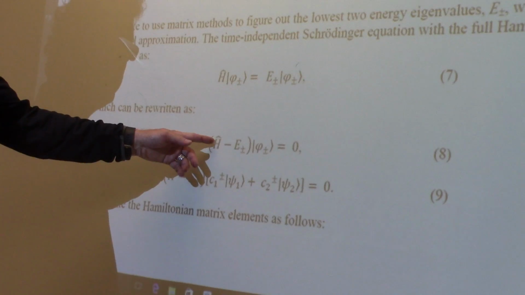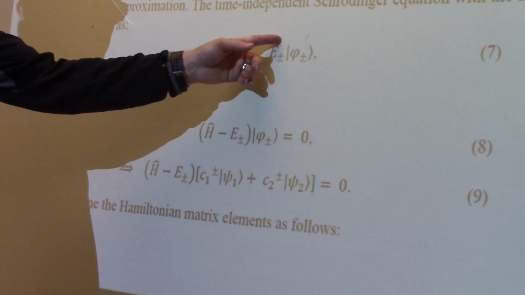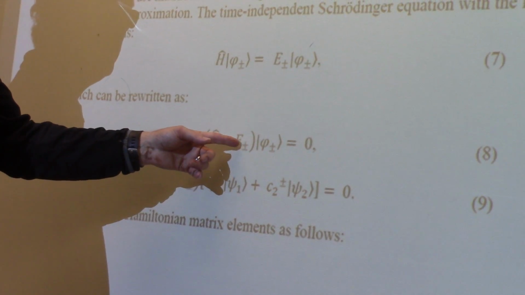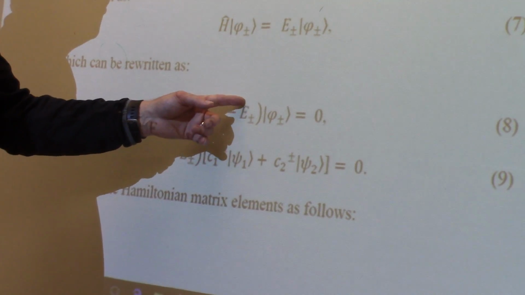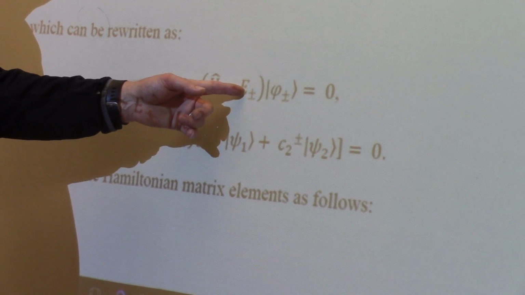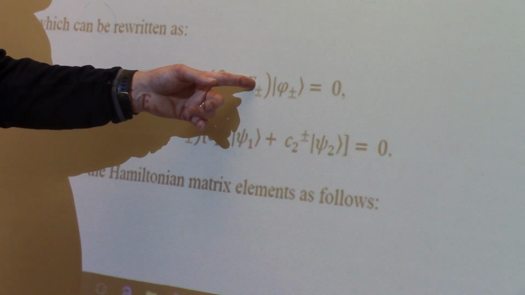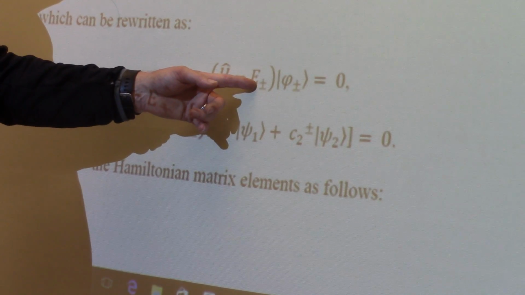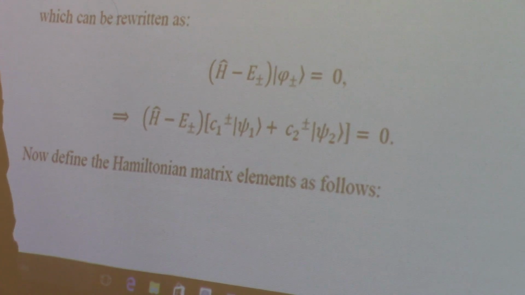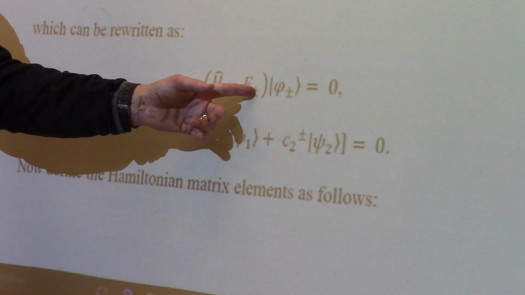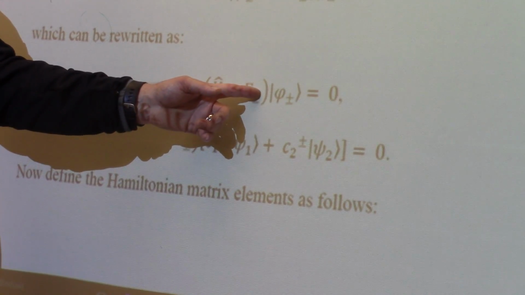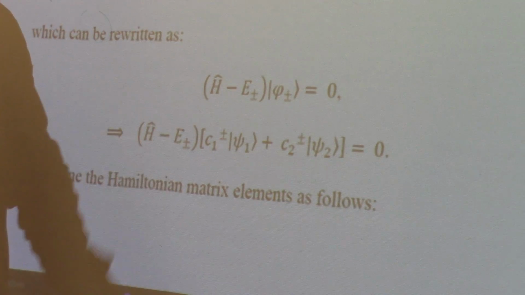We say, okay, I'll rewrite it like this, pulling this to the other side of the equation. This is tricky because we have to be careful: that's a number right there, and this is an operator. How would you handle that if you were to be more rigorous? What you typically do is multiply that number by an identity.